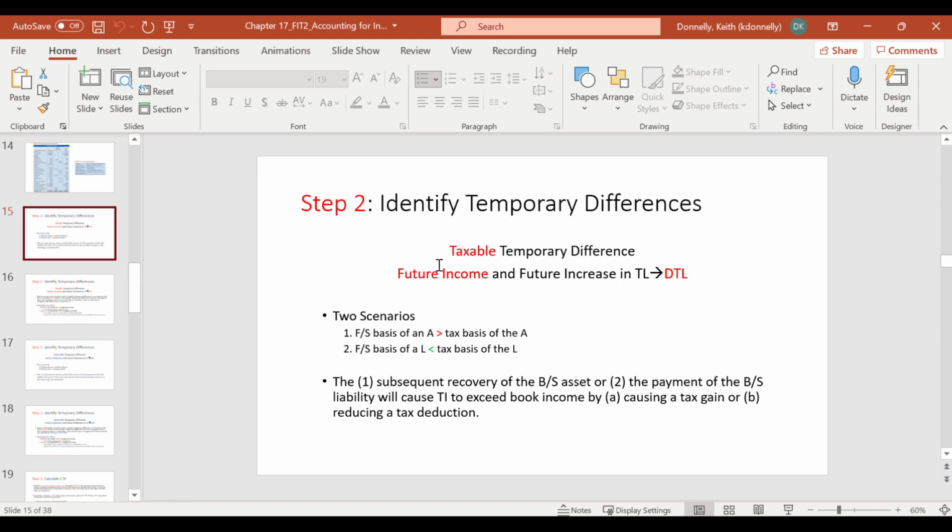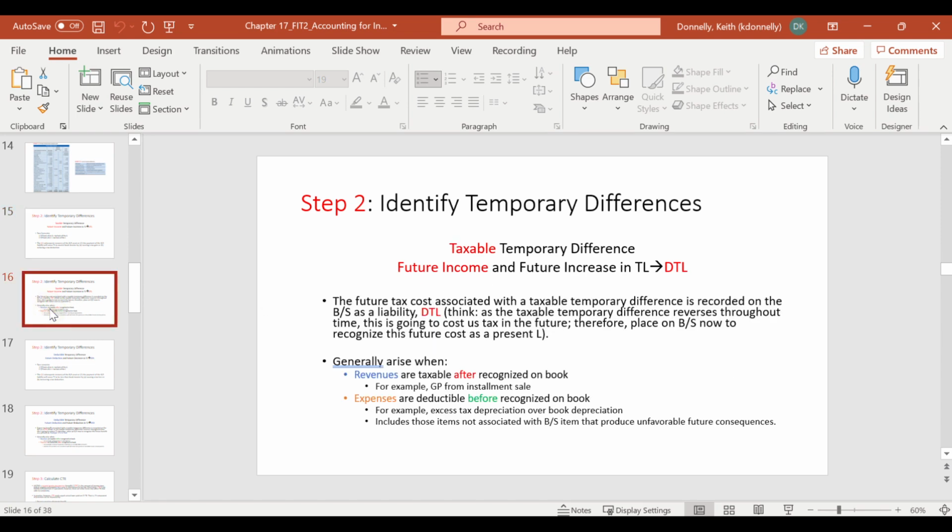Basically, the idea with a taxable temporary difference, if we go through and look at these, is that the future tax cost associated with a taxable temporary difference is recorded on the balance sheet as a liability, a deferred tax liability. These are going to reverse throughout time, and it's going to cost us tax in the future.